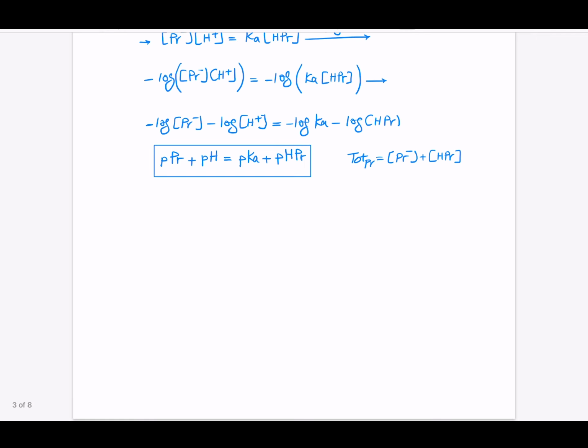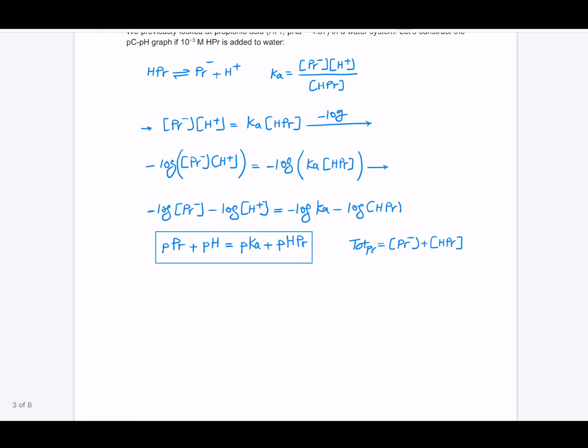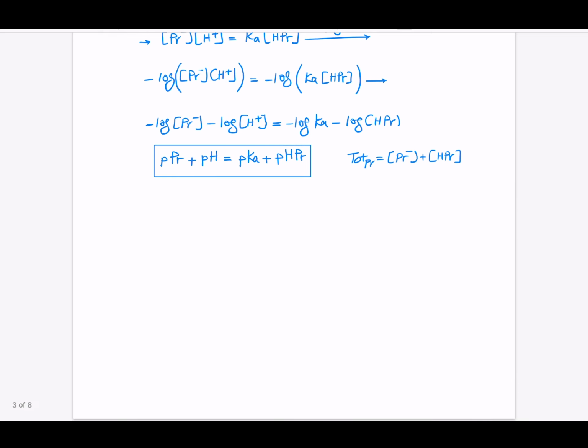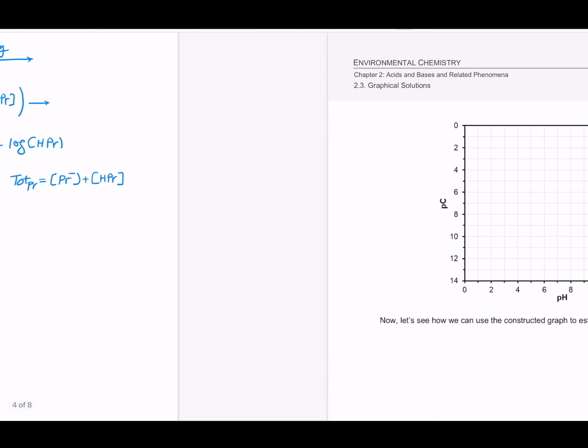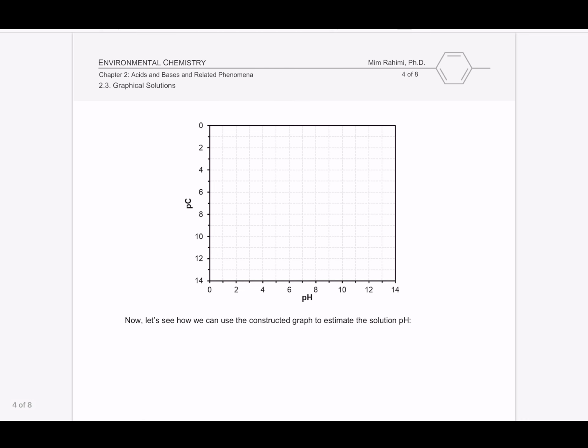So the first thing is always to consider this at different conditions. So let's go to the graph. Let's see what information we can get out of the question to help us a little bit on this particular example.